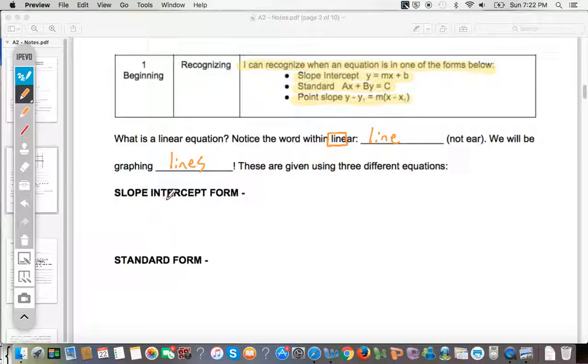Slope-intercept form is written as y = mx + b, where m and b are numbers. Standard form, where we have ax + by = c, where a, b, and c are numbers.